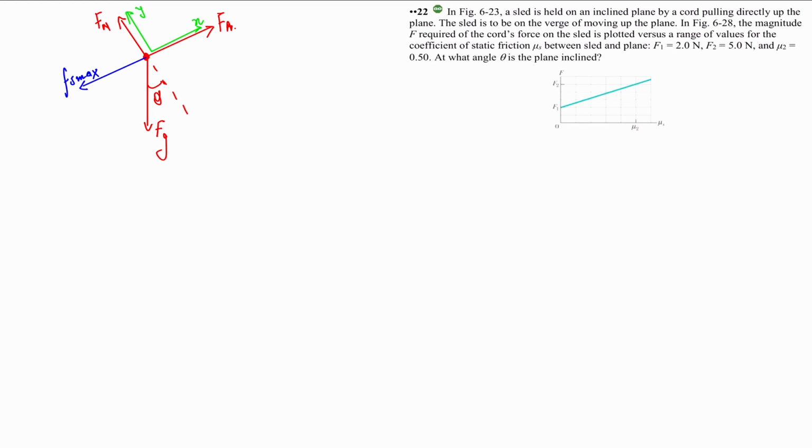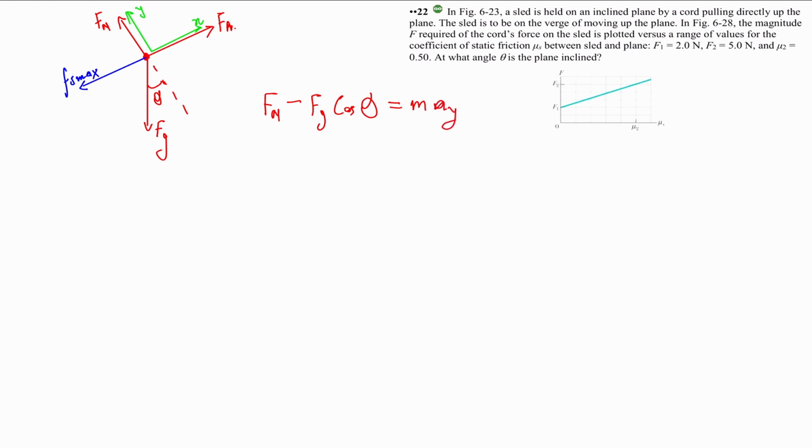Let's start off with the y direction. The y direction tells us that the normal force minus the y component of the force of gravity, which is resolved by using the cosine function, so this will be Fg cosine of theta, is equal to m times ay.